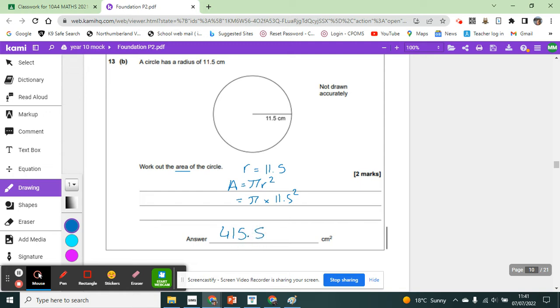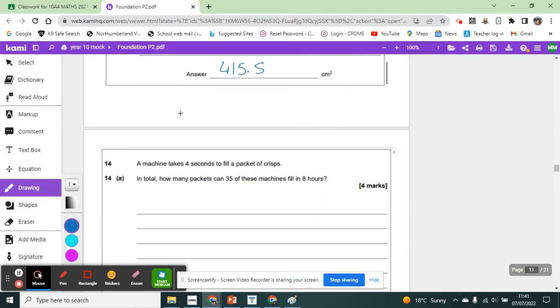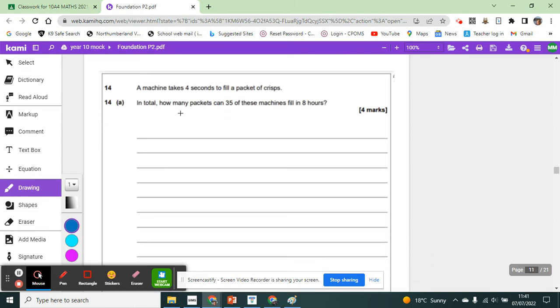Again, to check this, I'm just going to put 11.5 squared in my calculator first, press equals. Check that I get close to what 12 squared is, which is 144, which I do, it's 132.25. I'm going to times that by pi, which gets me 415.5, which is correct. Now, does it say any decimal places? No, so that's us.